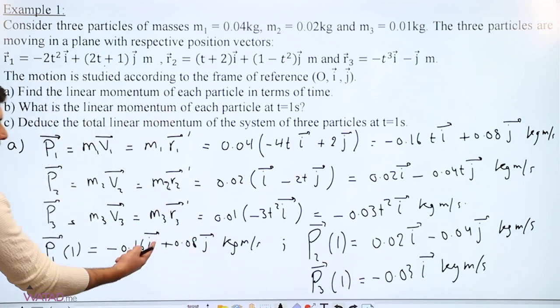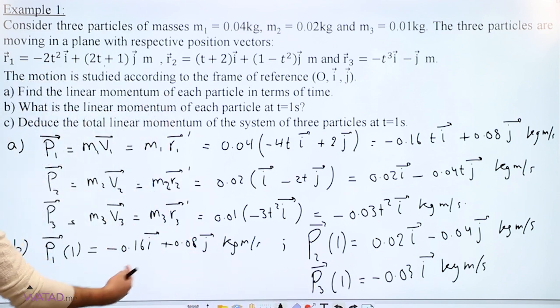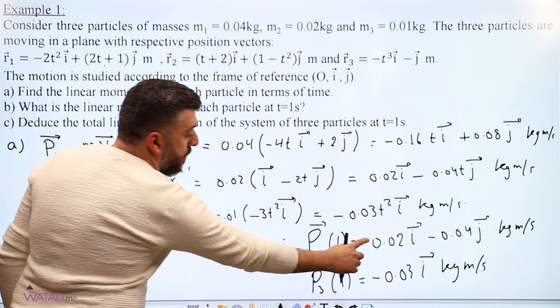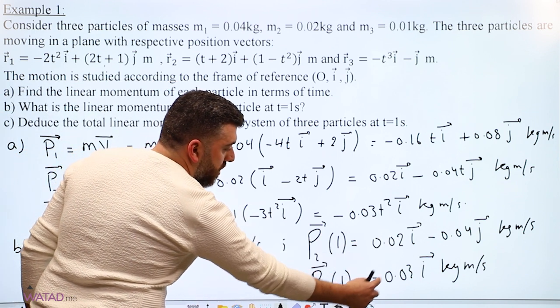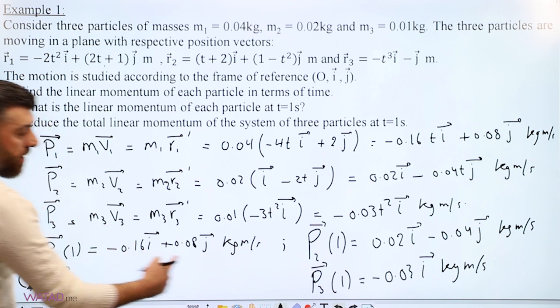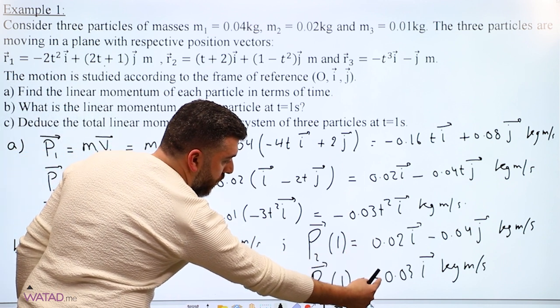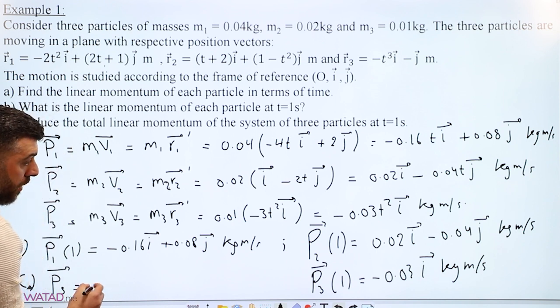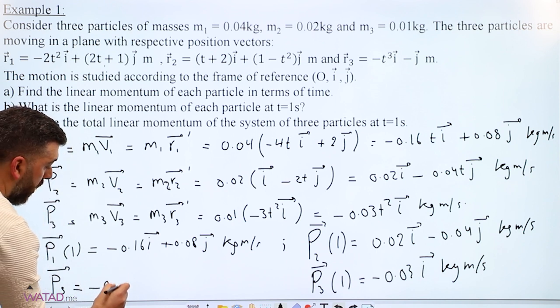Of course we add the coefficients of i: minus 0.16 plus 0.02 minus 0.03. So the sum of the 3 gives minus 0.17, since minus 0.16 plus 0.02 minus 0.03 is minus 0.17.